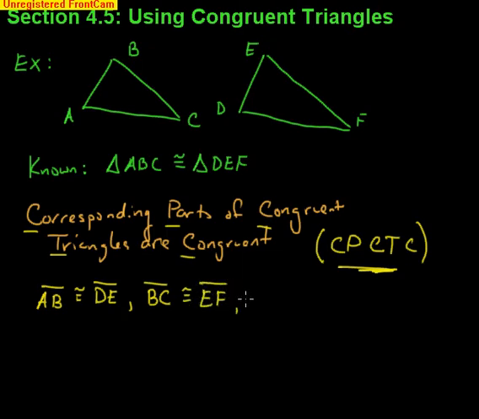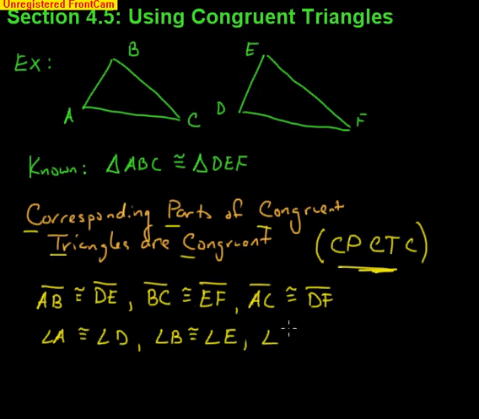And I know that segment AC is congruent to segment DF. I also know that angle A is congruent to angle D. I know that angle B is congruent to angle E, and angle C is congruent to angle F. These 6 things I know just from this CPCTC idea.